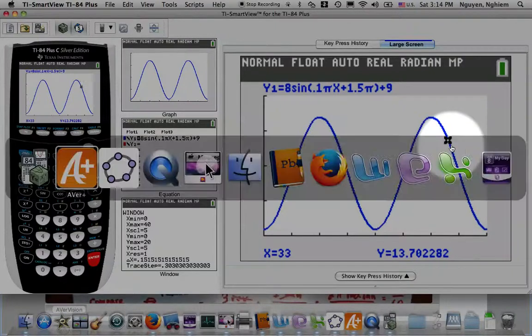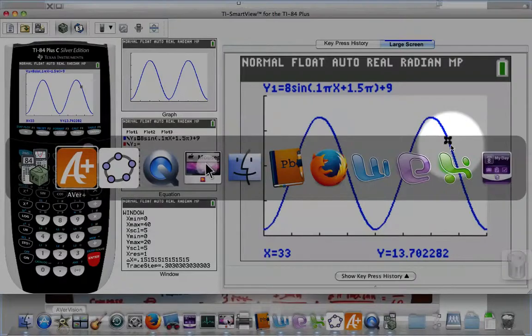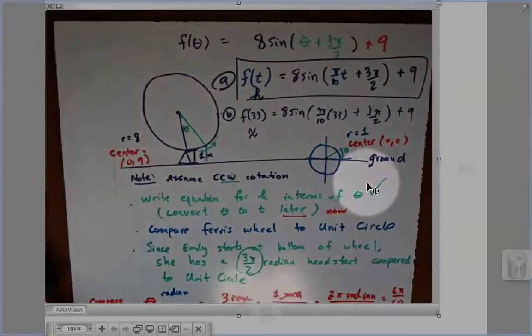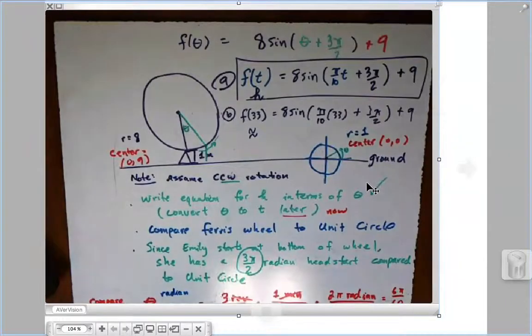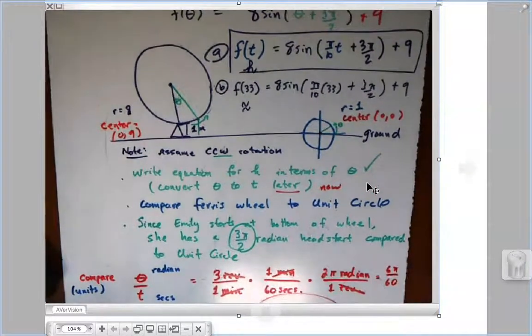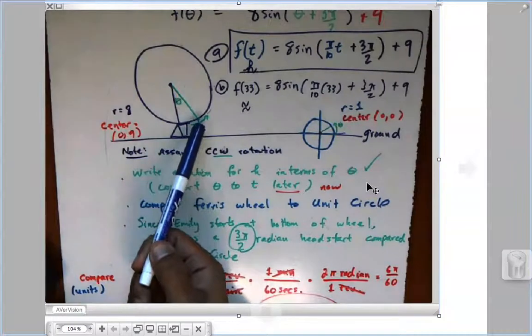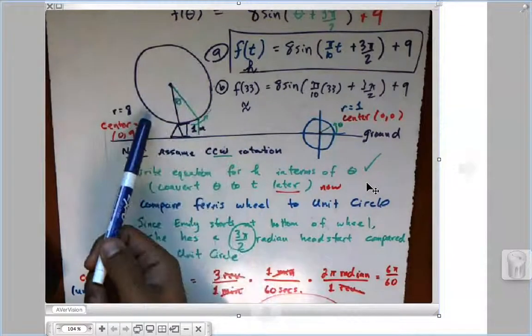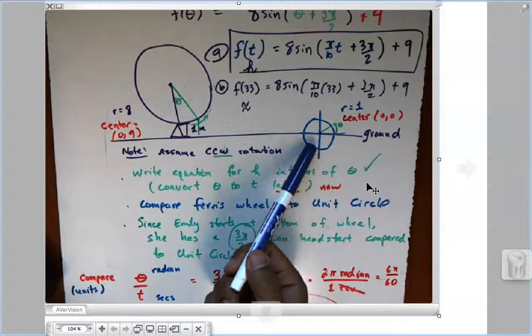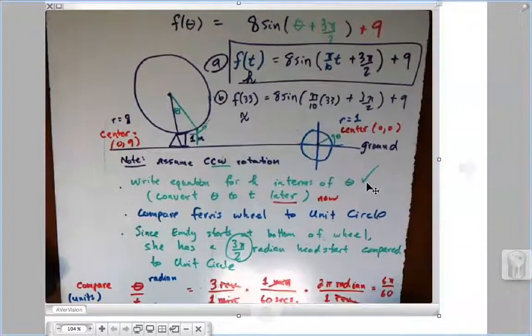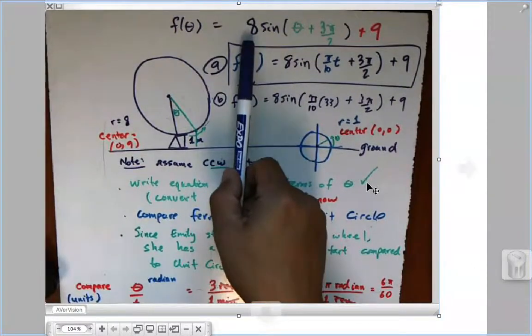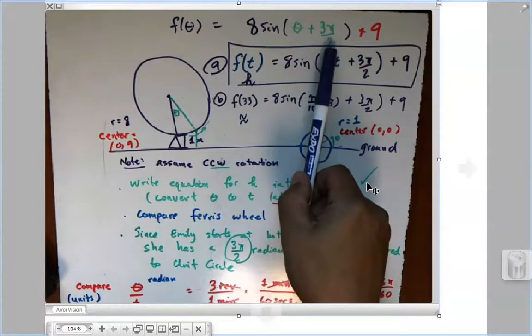Okay? And so I just want to go back to our problem and recap a little bit what we're doing here. What we're effectively saying is we have this problem with a wheel, with a circle, and it has to do with things moving around the circle. So we can connect that to our unit circle, and we build our function here, 8 sine, 3 plus 3 pi over 2, and 9.